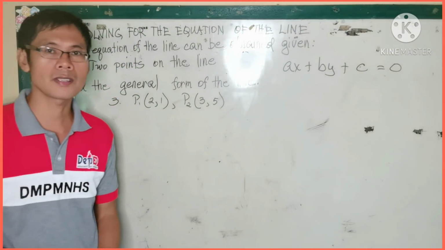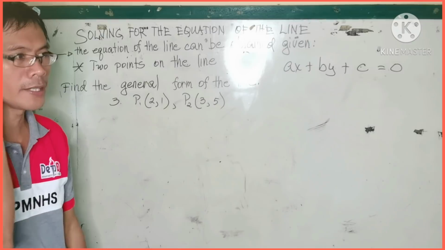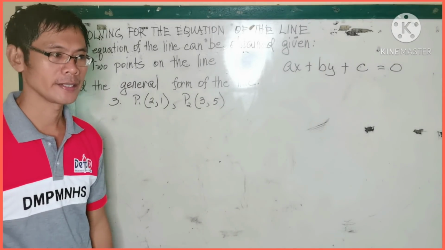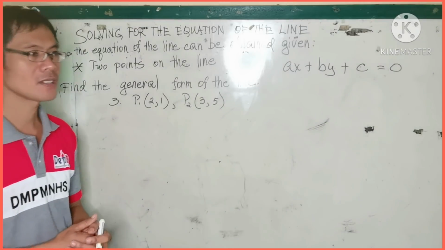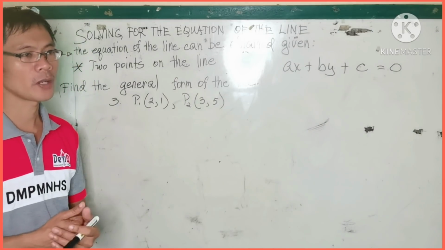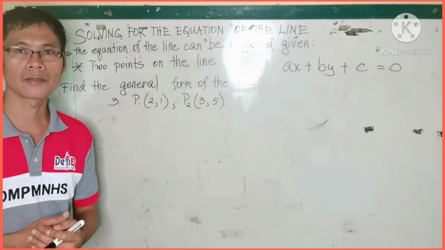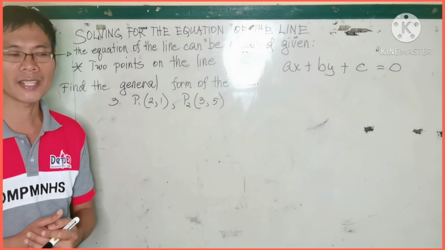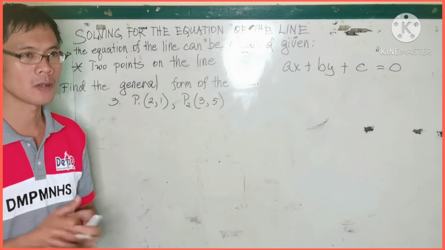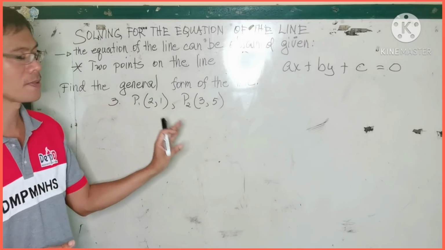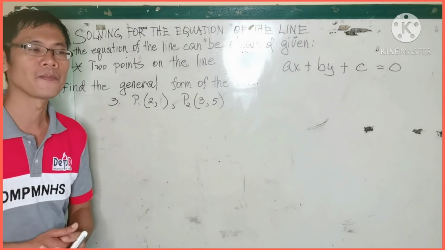Okay guys, so still on solving for the equation of the line, given 2 points on the line. So, for our previous discussion, we solved for the equation of the line given the 2 points by making use of the point-slope form. That is, solving first for the slope, because we can readily solve for the slope since 2 points are given.